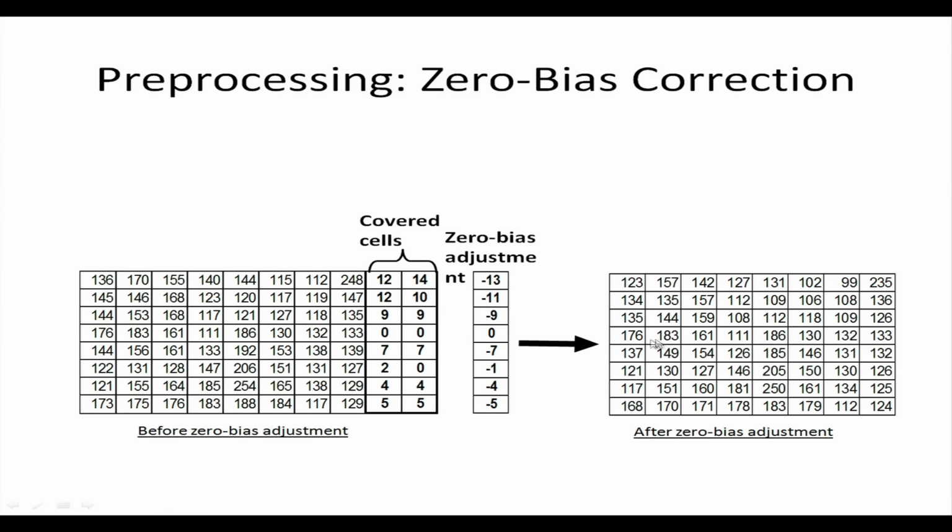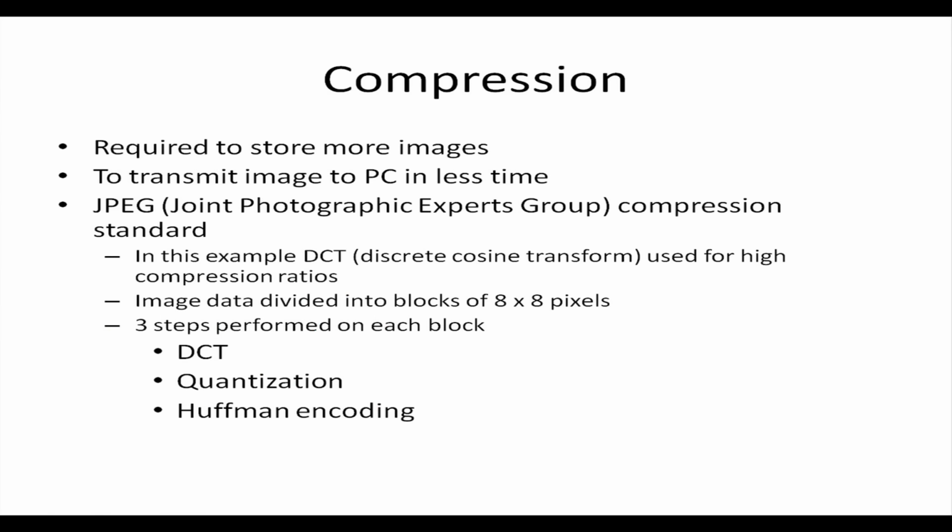So, I come to here. 186 corrected remains 186, because for this row it is 0. In that way, we carry out the zero bias adjustment. So, first we have captured the image and then we have done the zero bias. The CCD camera will have to do these tasks. So, zero bias adjustment is done.